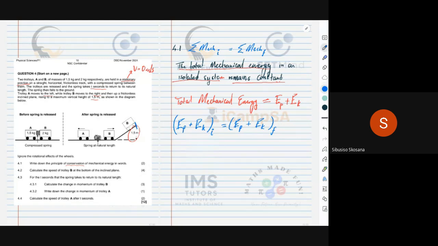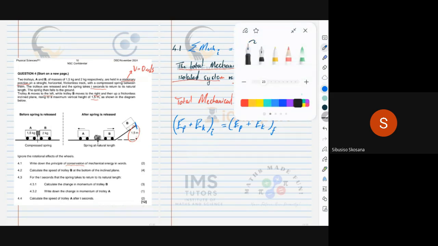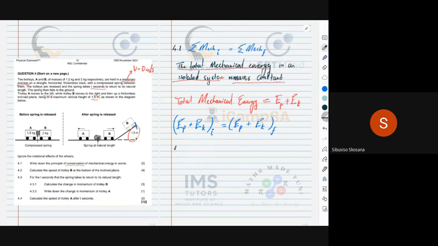Okay, so let's do this. 4.2. The mechanical energy at the top should be equal to the mechanical energy at the bottom.